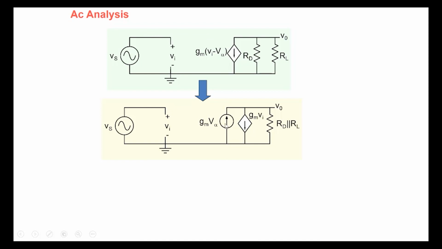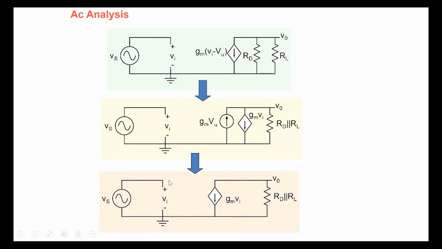Now note that our interest is basically in the sinusoidal part here: the sinusoidal current, the sinusoidal output voltage. We are doing AC analysis. Now, V alpha is a constant and GM is a constant, so this is a DC current. And so when your interest is in the sinusoidal part, you can ignore this particular part and just keep these parts here.